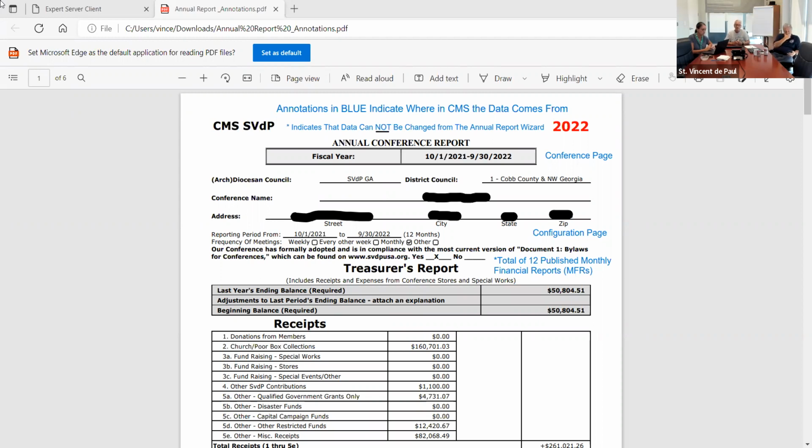The two questions I get the most during annual report season are: where in CMS does that data come from, and can I change it using the annual report wizard? Of course, I get a lot of other questions, but those are the two I get from a lot of the users.